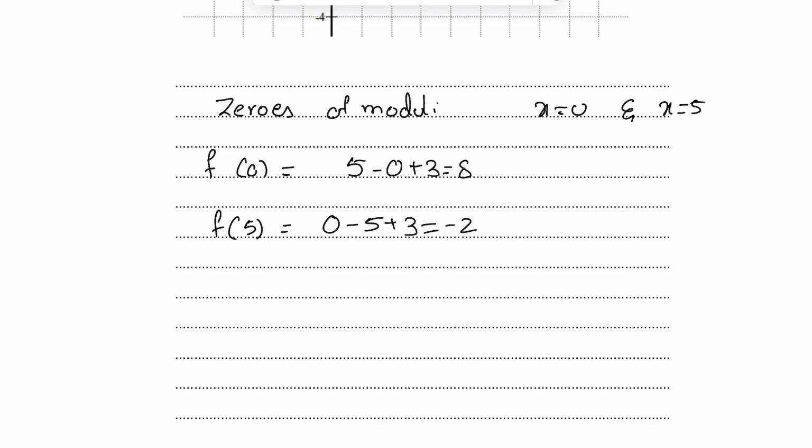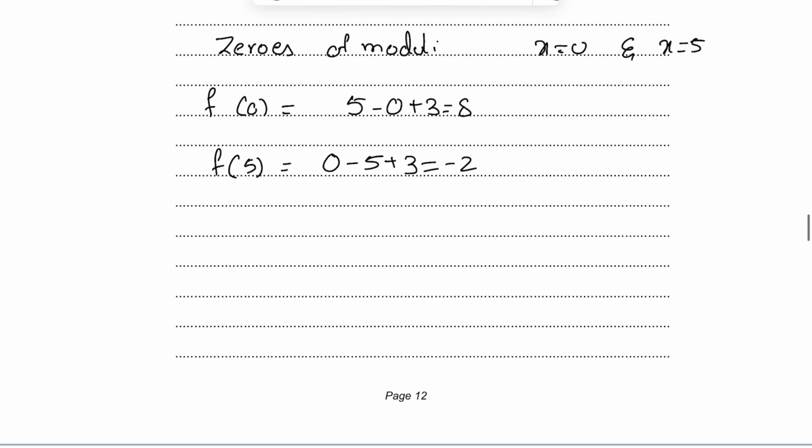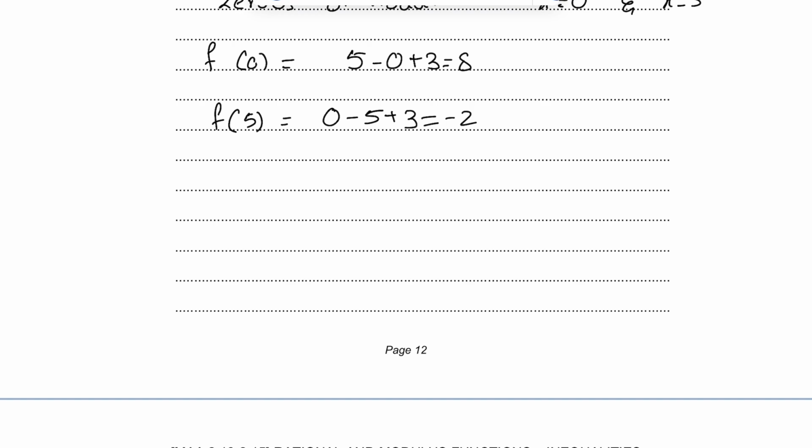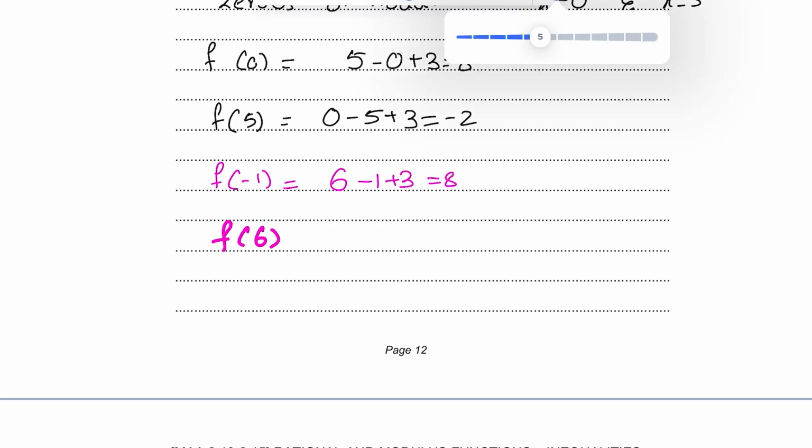Then we will also be finding one value before 0 and one value after 5. One value before 0 is negative 1. f of negative 1, if I find it out, 6 minus 1 plus 3, which is 8. And one value after 5, which is 6. f of 6 becomes 1 minus 6 plus 3, which equals negative 2.